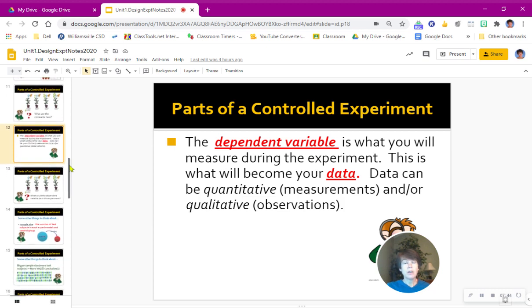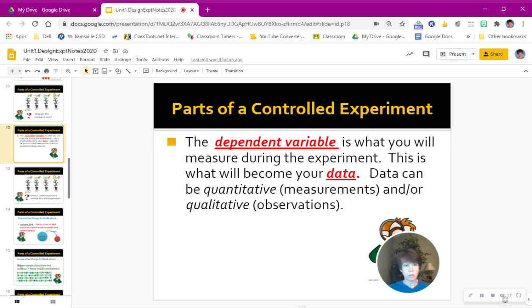So once we've got the experiment set up, then we're going to run it and we're going to collect some data. And that data is the dependent variable. So the dependent variable is what you're going to measure during the experiment. And this is what will become your data. So the dependent variable is dependent on the change that we've made. Okay, so we change the independent variable, we change that factor, and then we look to see what the outcome is.